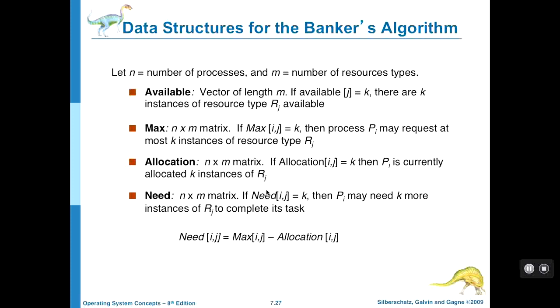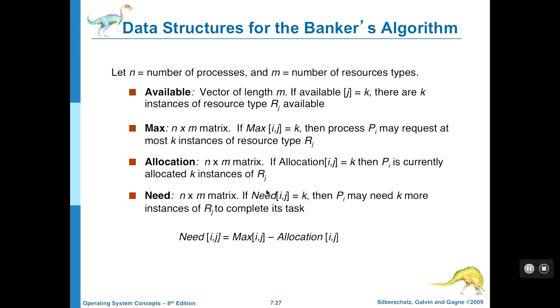One is called available, max, allocation, and need. Available is a vector of length m, and m is the number of resource types, so you can figure you have pools of resources here. Max is a matrix of the number of processes times the number of resources.